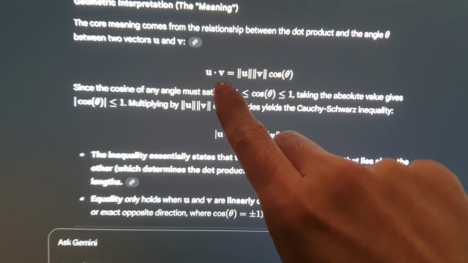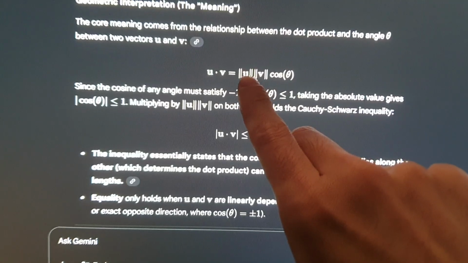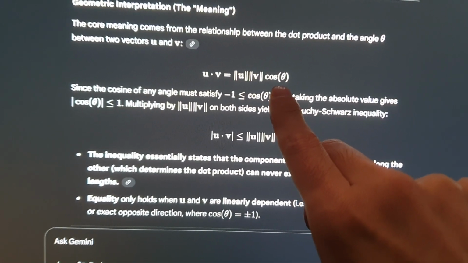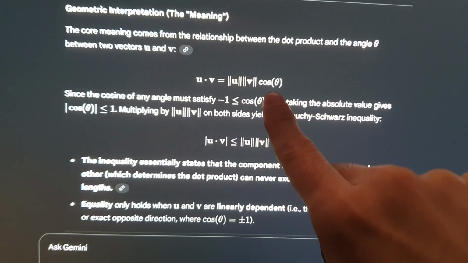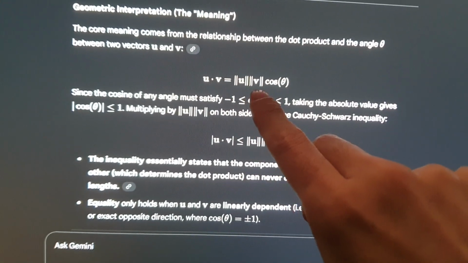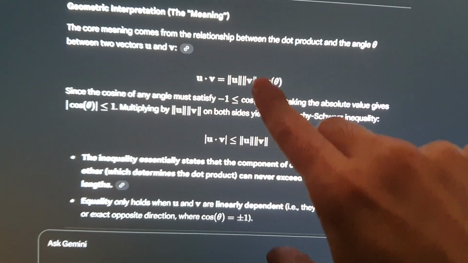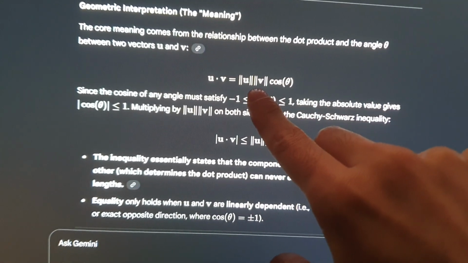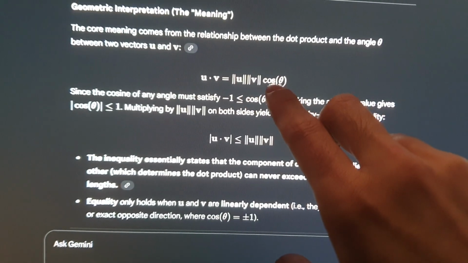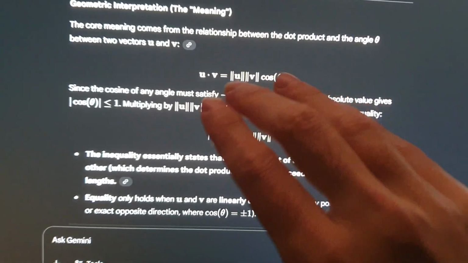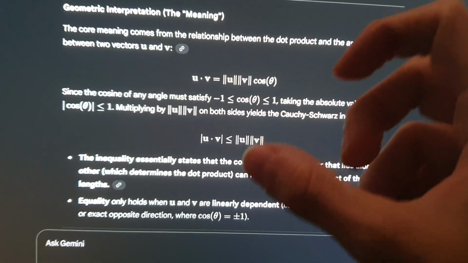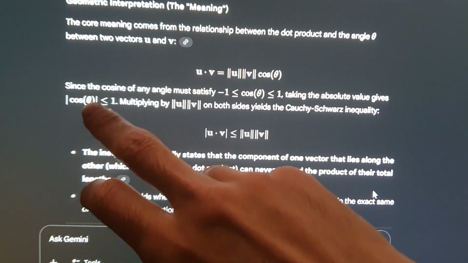What it means is that after we take the absolute value, what is written here is that the dot product of the two vectors is the multiplication of the norms times a value that is positive but less than or equal to 1. This means that the absolute value of this dot product is less than or equal to this norm multiplication of the two vectors, because again the absolute value of cosine theta is greater than or equal to 0 but less than or equal to 1.